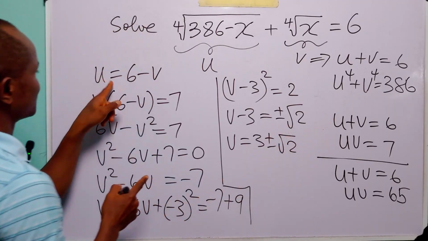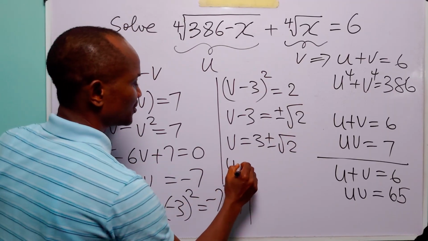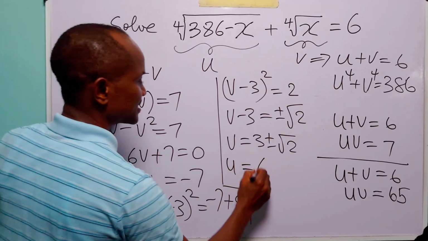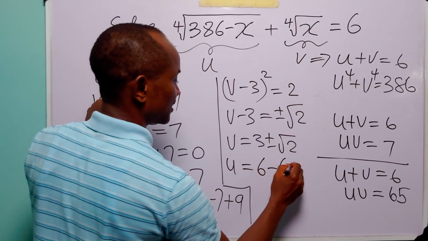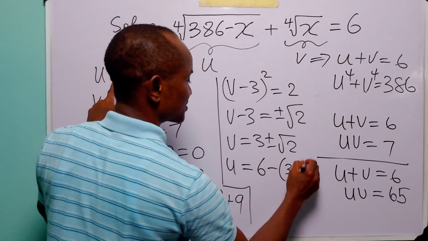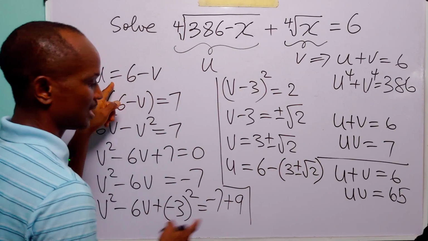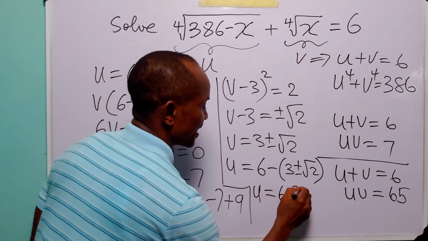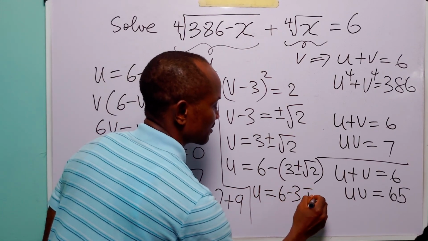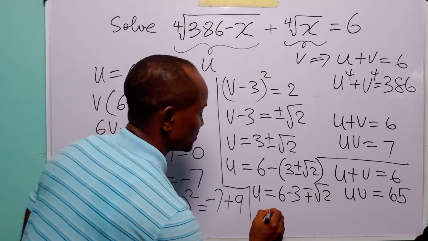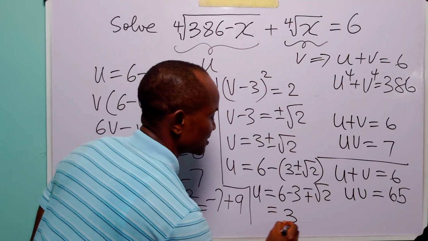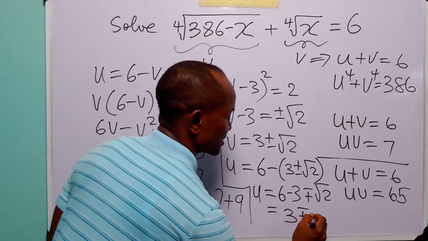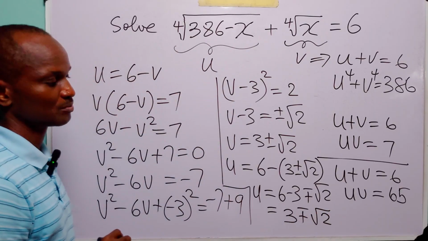Now we come back to this equation to find that u = 6 - (3 plus or minus the square root of 2), which is equal to 6 - 3, which is 3, minus or plus the square root of 2.